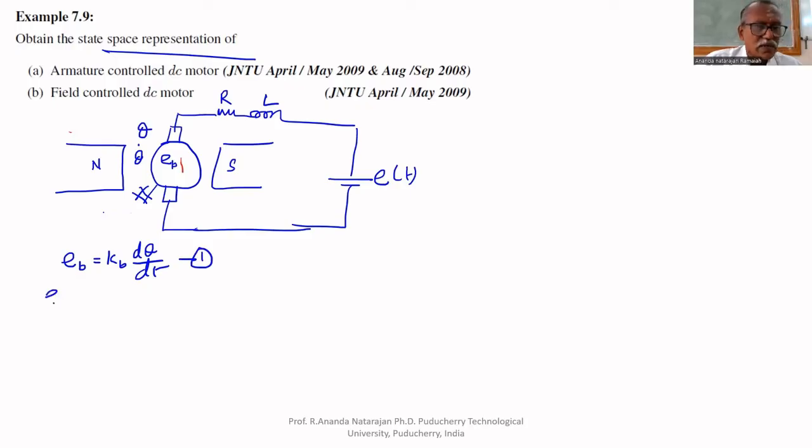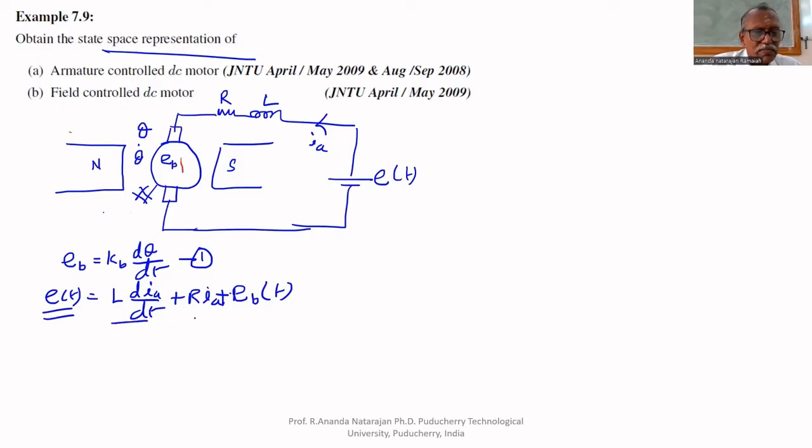We can write E of t, the applied voltage, equal to L dI_A by dt, since the current through this is I_A, the armature current, plus R I_A, plus E_B of t, the back EMF. The drop in inductance, the drop in resistance, and the back EMF are opposing the applied voltage.